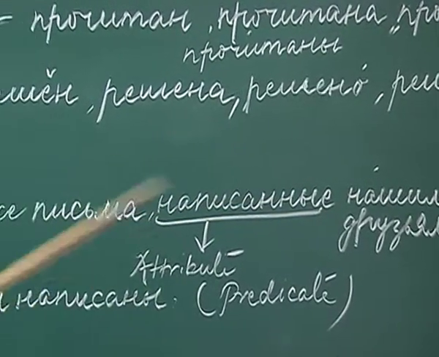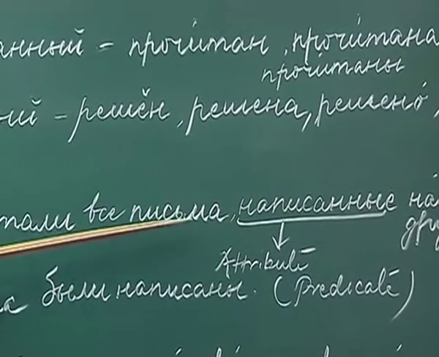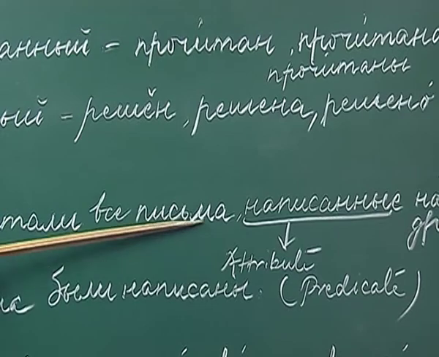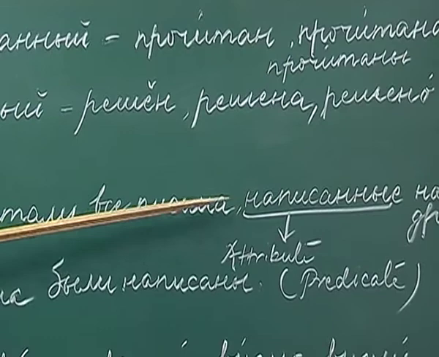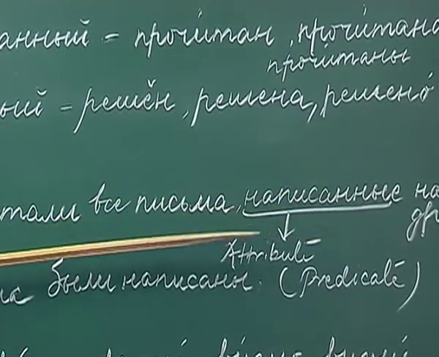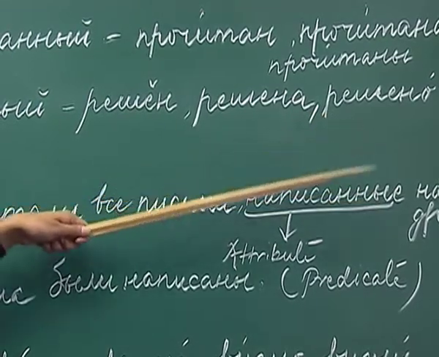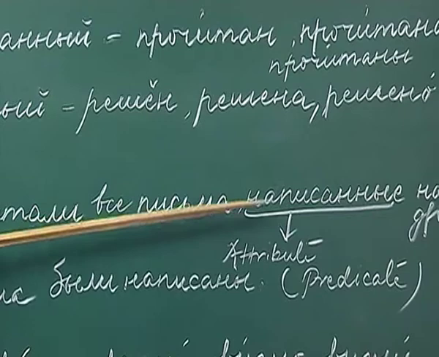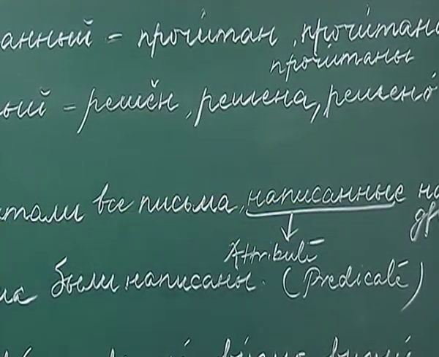So, here as you can see, this napisanniye, it qualifies the noun pisma. So, it is functioning as an attribute to the noun or like an adjective. So, here the full form of the past participle passive functions as an attribute or it functions as an adjective.